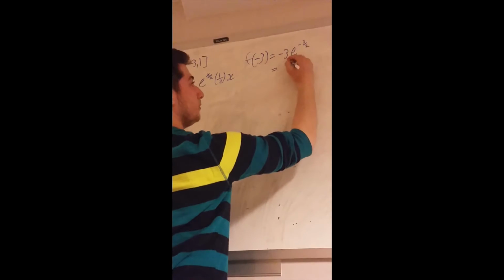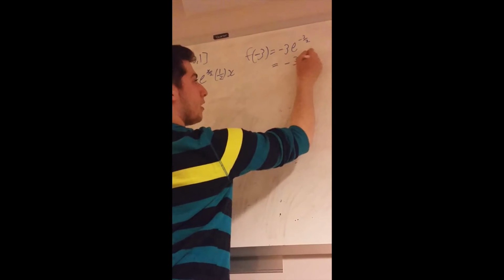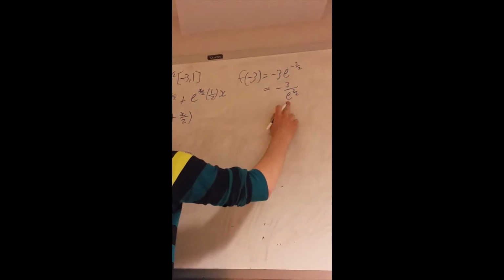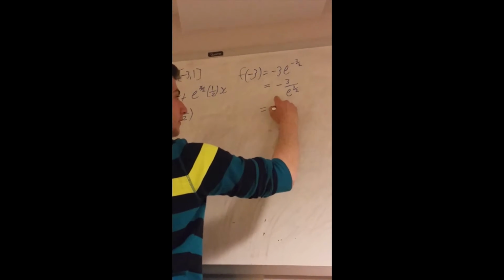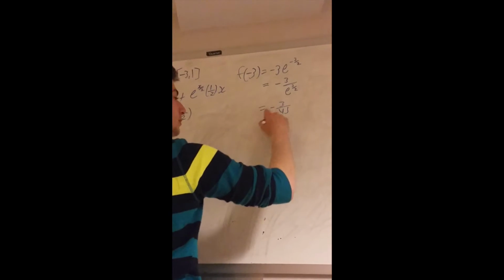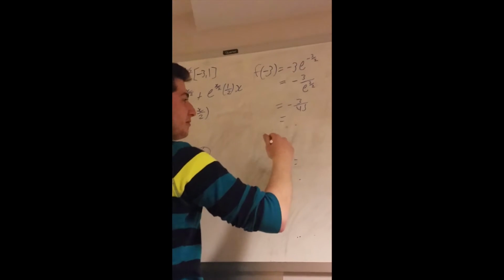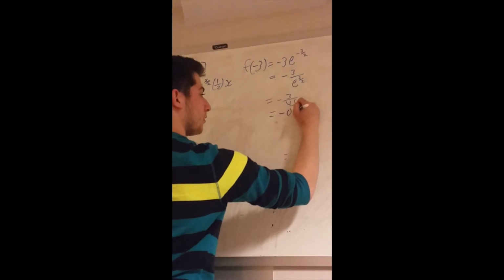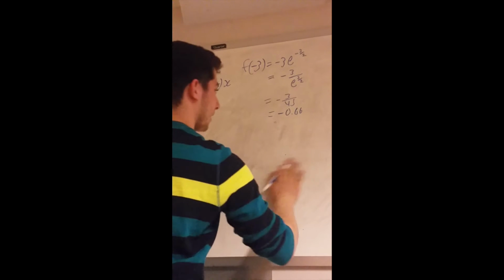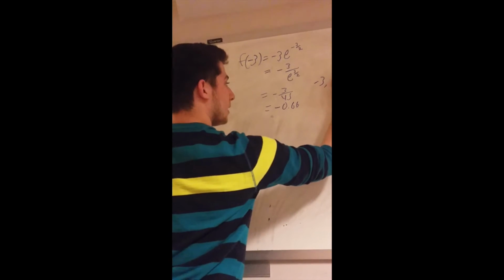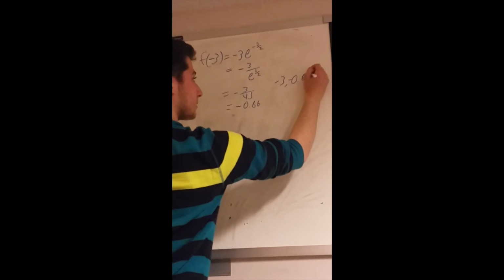We're going to bring the e down, and negative 3 over e to 3 over 2. That's approximately 4.5, so we have negative 3 divided by approximately 4.5, which is approximately negative 0.66. All right, so our point here is negative 3 and approximately negative 0.66.